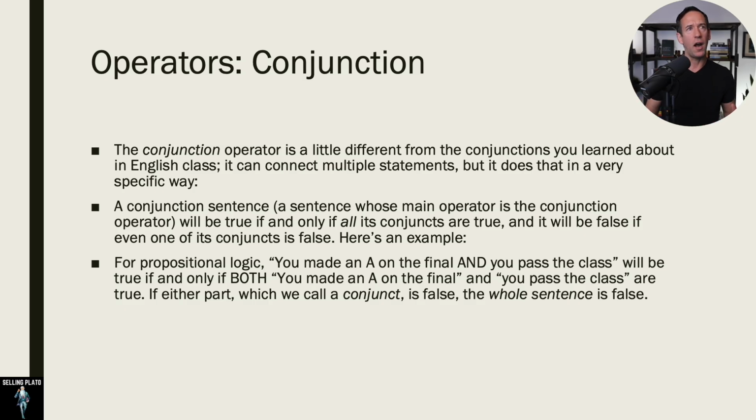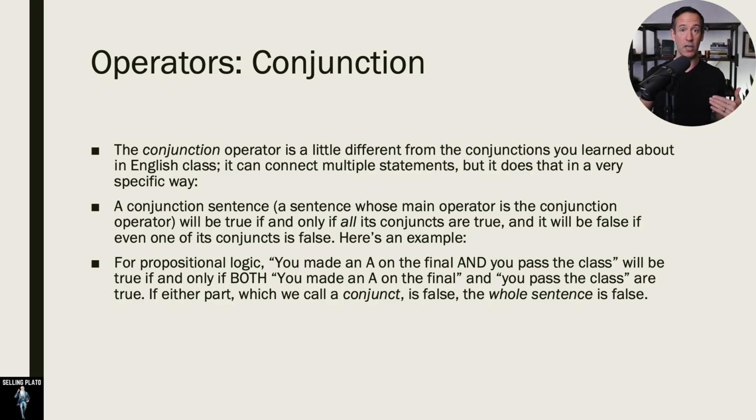All right, so I talked about a main operator. Just a quick point of explanation. Sometimes compound sentences are going to have more than one operator. And later on, I'll show you how to identify what the main operator is within a sentence. The reason that we specify the main operator in our definition here is because sometimes a sentence can have a lot of different operators.